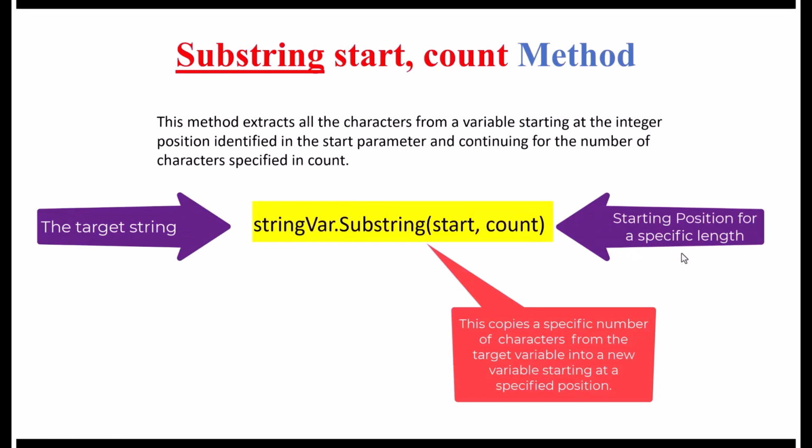The substring start count method goes beyond that. It does the same thing. You tell it the starting position in the string you want to look at, but then you can also control how far out you want to go. I want to go out 100 characters, or grab the next 10 after that and pull them into this new variable and hang on to that. It works well if you've got a column of characters, or a column of people who belong to a club, members.